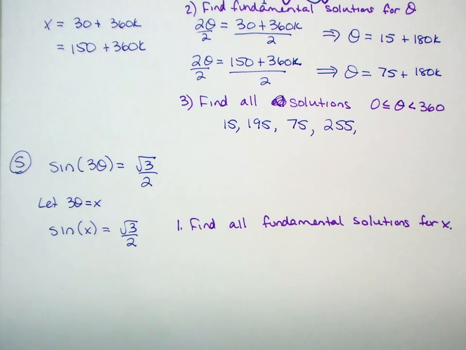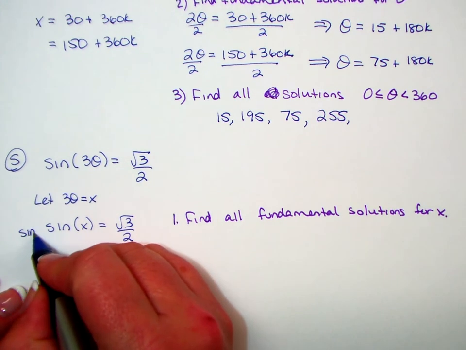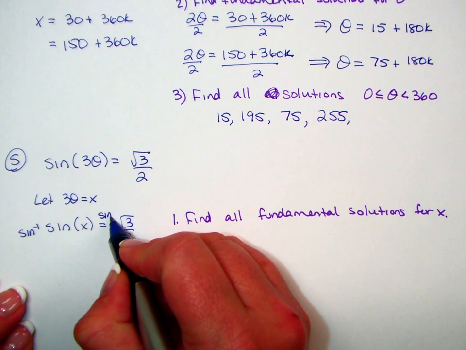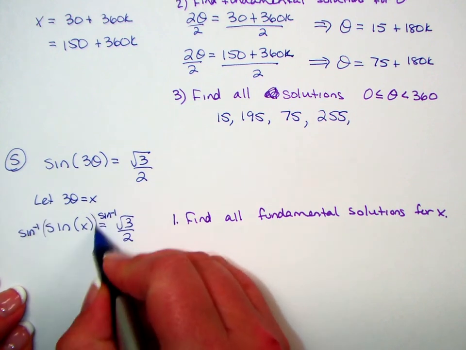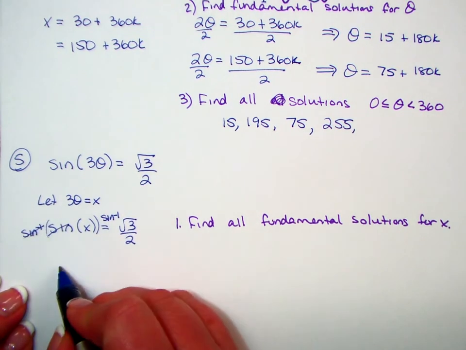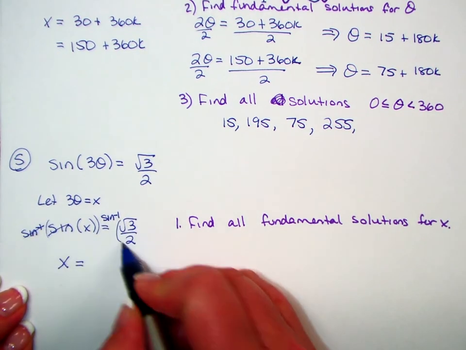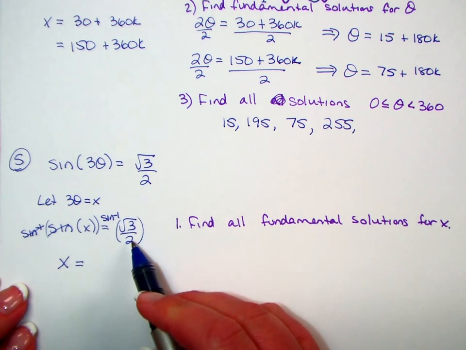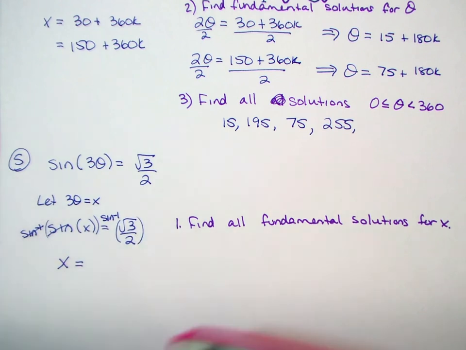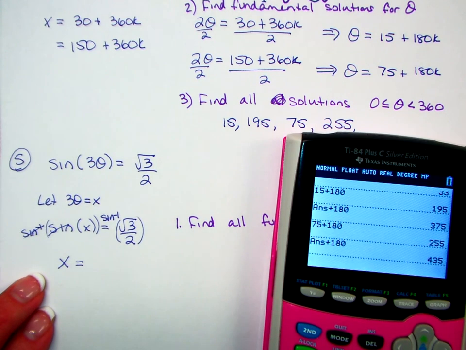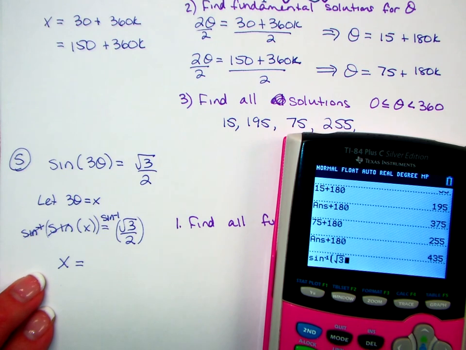So I'm going to sine inverse both sides. And the sine inverse and the sine are going to cancel here. And then sine inverse of rad 3 over 2. The calculator is only going to give me one solution, right? What is that one solution? Sine inverse of rad 3 divided by 2 should give me 60 degrees, and it does.